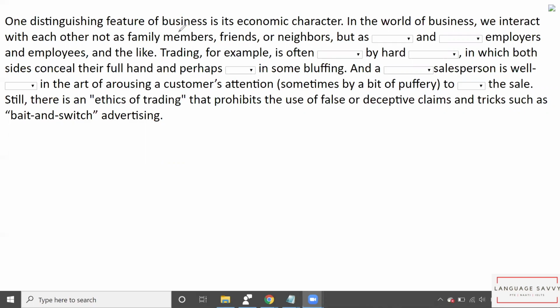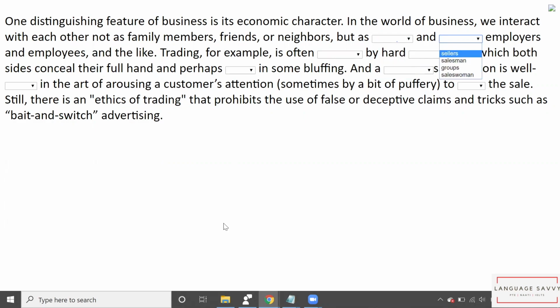So let's begin. One distinguishing feature of business is its economic character. In the world of business, we interact with each other not as family members, friends, or neighbors, but as dash and dash. We have 4 options: buyers, companies, merchant, shopkeeper, and some other options as well.